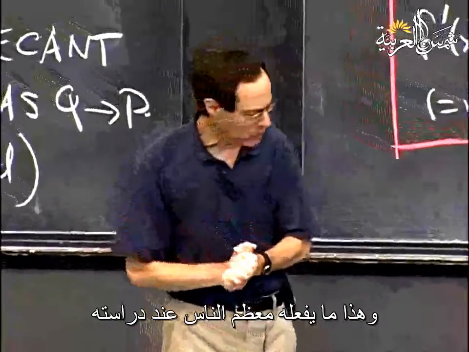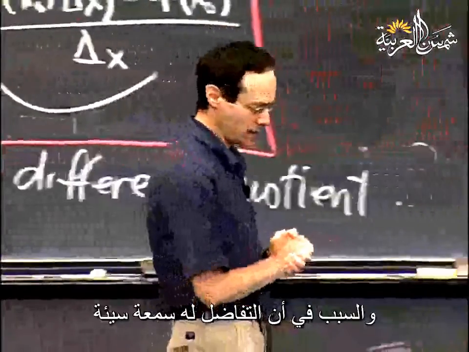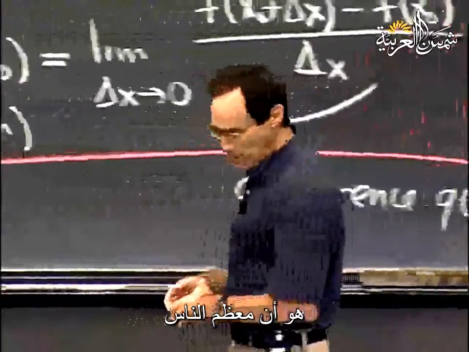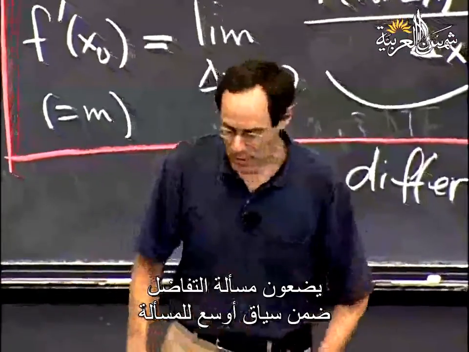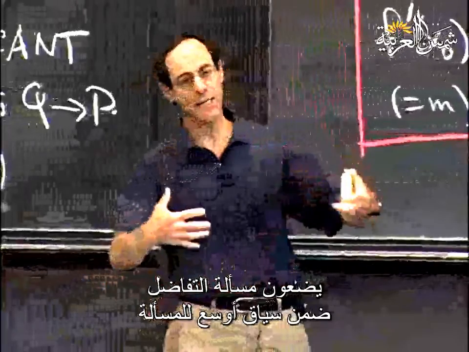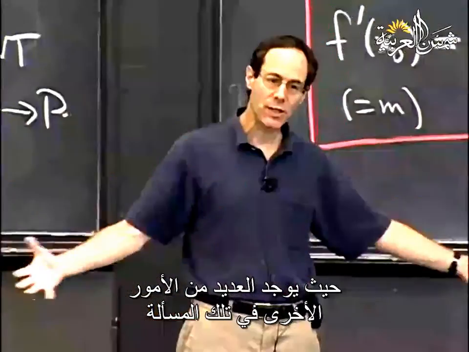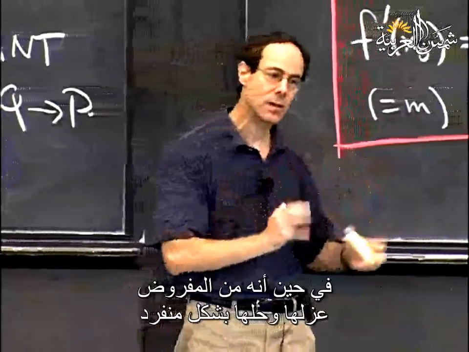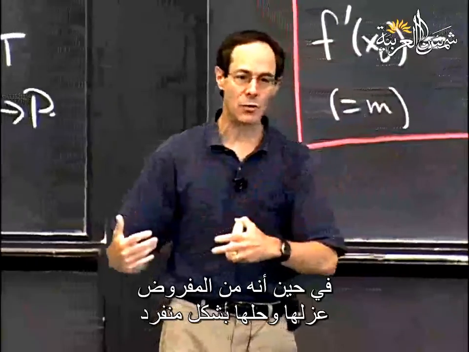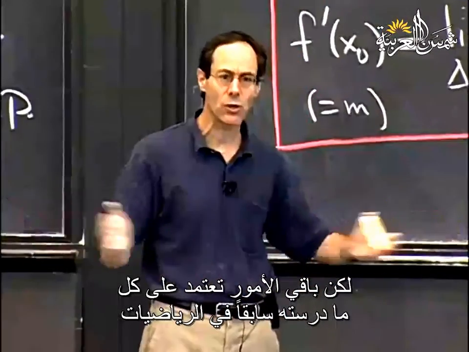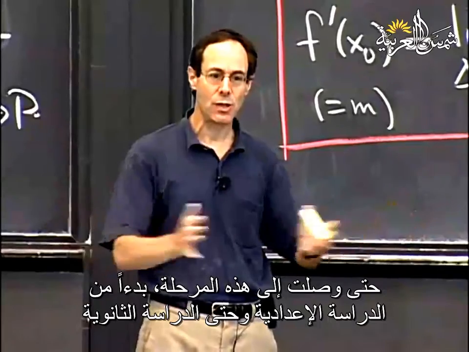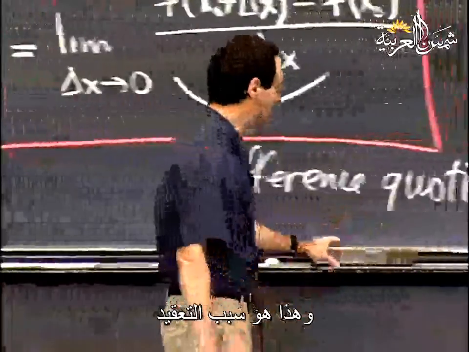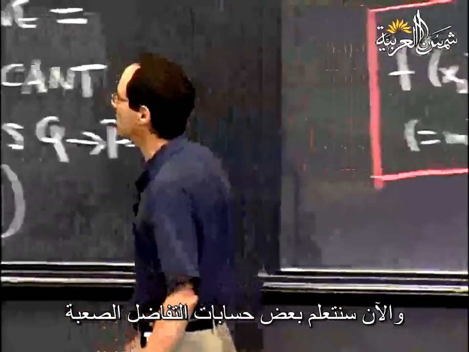And this is actually what most people do in calculus, and it's the reason why calculus has a bad reputation. So the secret is that when people ask problems in calculus, they generally ask them in context. And there are many, many other things going on. And so the little piece of the problem, which is calculus, is actually fairly routine and has to be isolated and gotten through. But all the rest of it relies on everything else you learned in mathematics up to this stage, from grade school through high school. So that's the complication. So now we're going to do a little bit of calculus made hard.